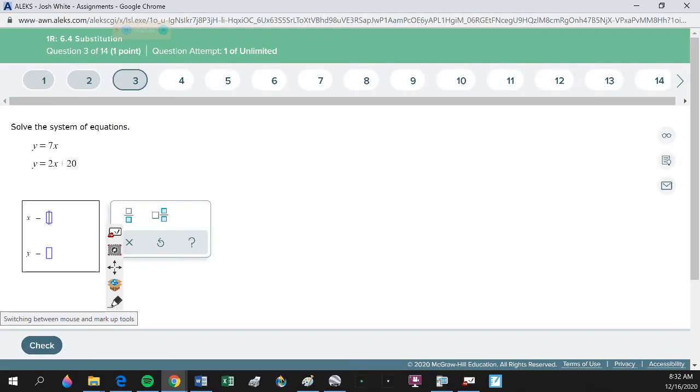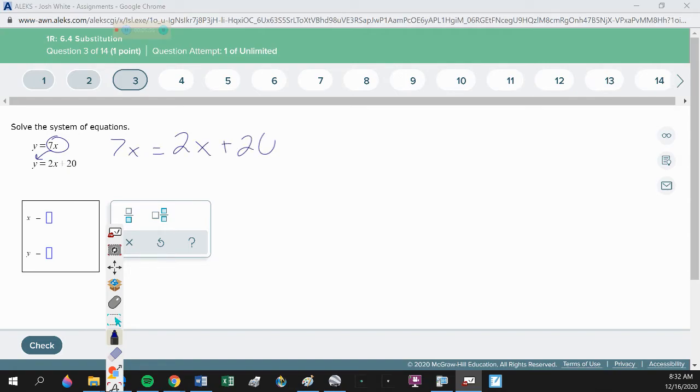In this case, I'm going to take this 7x and plug it in there. So 7x equals 2x plus 20. Subtract 2x. 5x equals 20. Divide by 5. x equals 4.